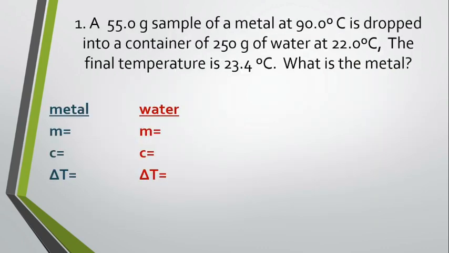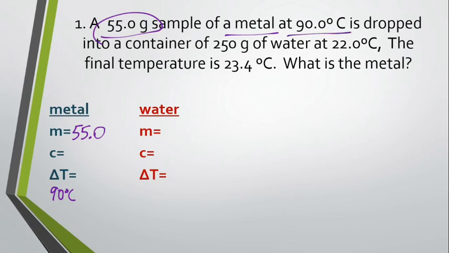Now, first problem. Lots of words, lots of numbers. I have my little table set up over here because all I need to do is find these numbers and solve for whatever I can't find. So, it tells me I have a 55 gram sample of metal. So I'm going to go ahead and write that down here. It says I'm at 90 degrees Celsius with my metal, so that's going to help me find my temperature change, but that's not the actual change yet.